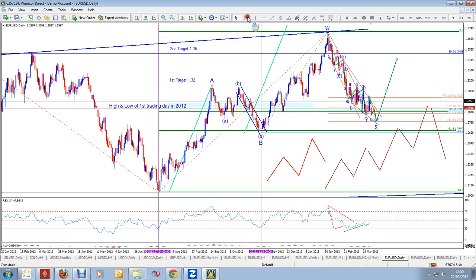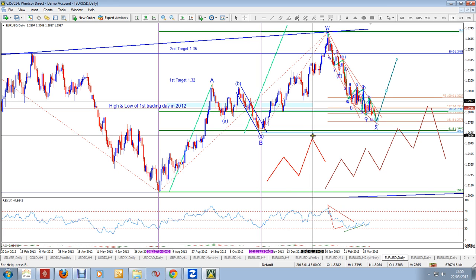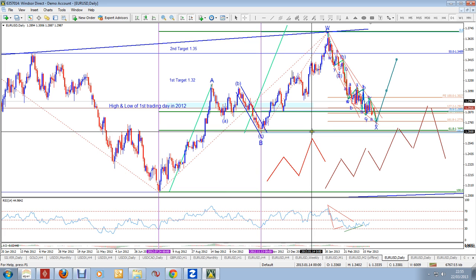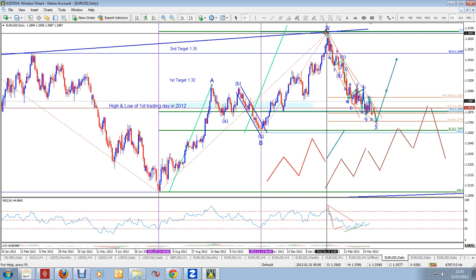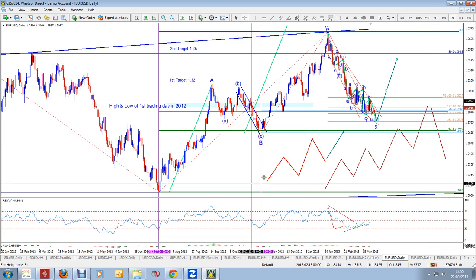Either from here we have A, B and C, sorry, we have W, X, Y, X, and we'll see another leg up like that here. So we've got W, X, Y, X, Z. That would be this one.